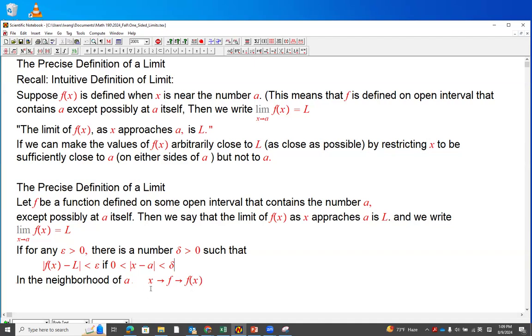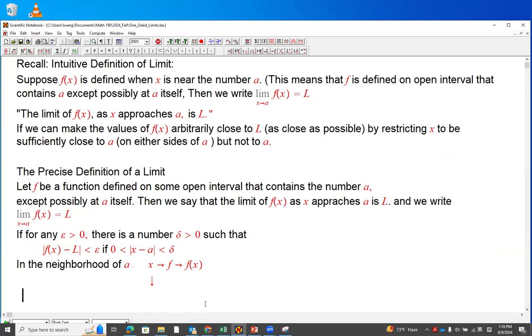So as x is approaching a, let me use an arrow. And as x is approaching a, how do we describe that? That is described by the neighborhood.